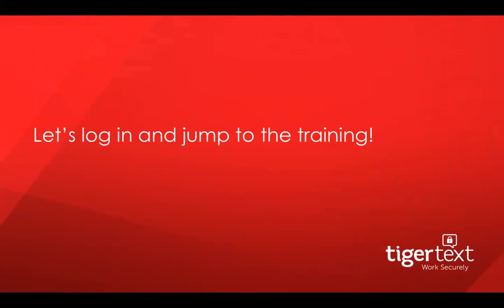If you're using an Android phone, you can download TigetText from the Google Play Store. And again, it is free to download. And once you get into the login screen, you will be using the email address that you've provided the team. And the password to log in is in that welcome email that was sent to you this morning.